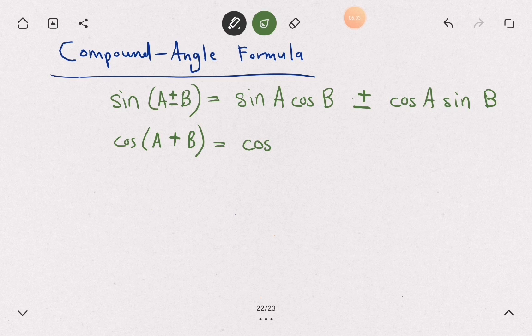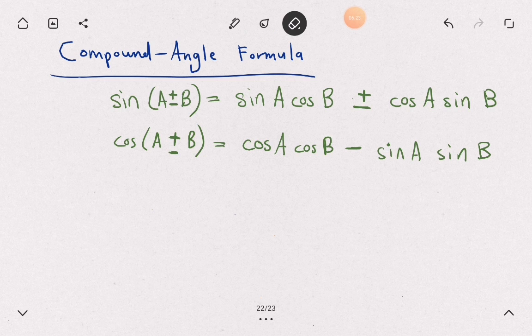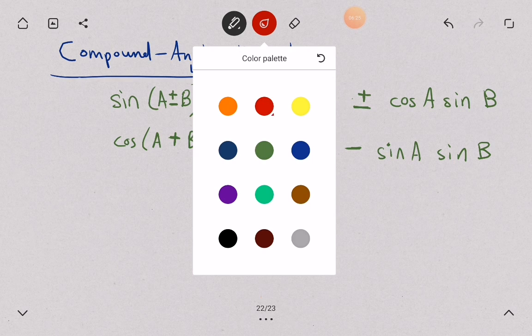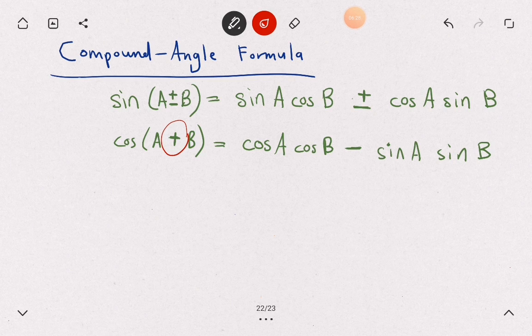It is cosine of A times cosine of B, so not beta, it's B, minus sine A sine B. So if it is A plus B, notice the sign here is minus. All right, for cosine it's different, not like sine.